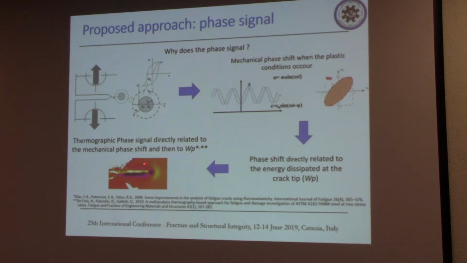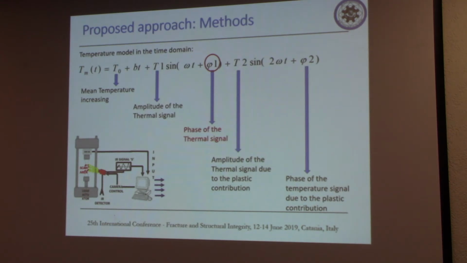So our idea is, okay, we can use the thermographic phase signal, that is related to this mechanical phase signal, to estimate the energy dissipated at the crack tip, and then to study the fatigue crack behavior of the material. Okay, that is the proposed approach.